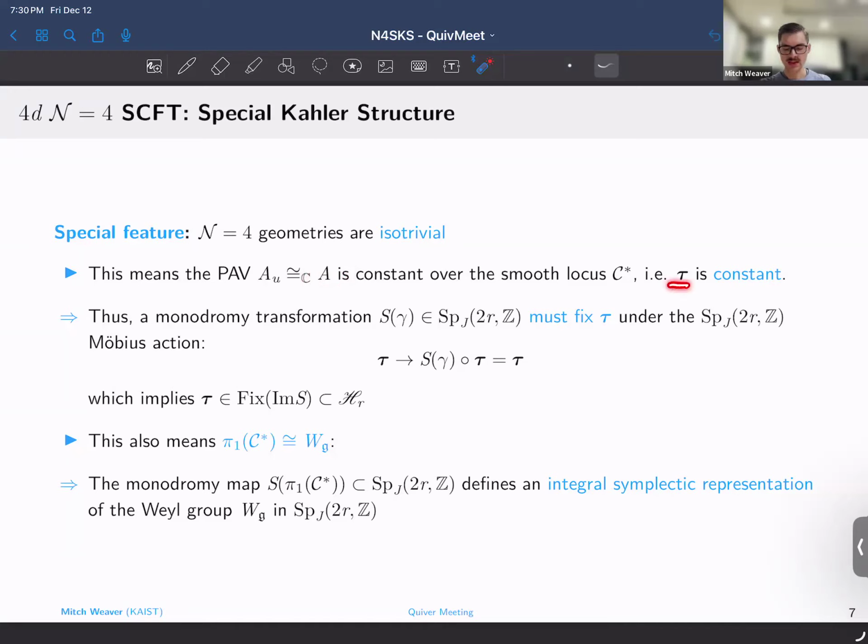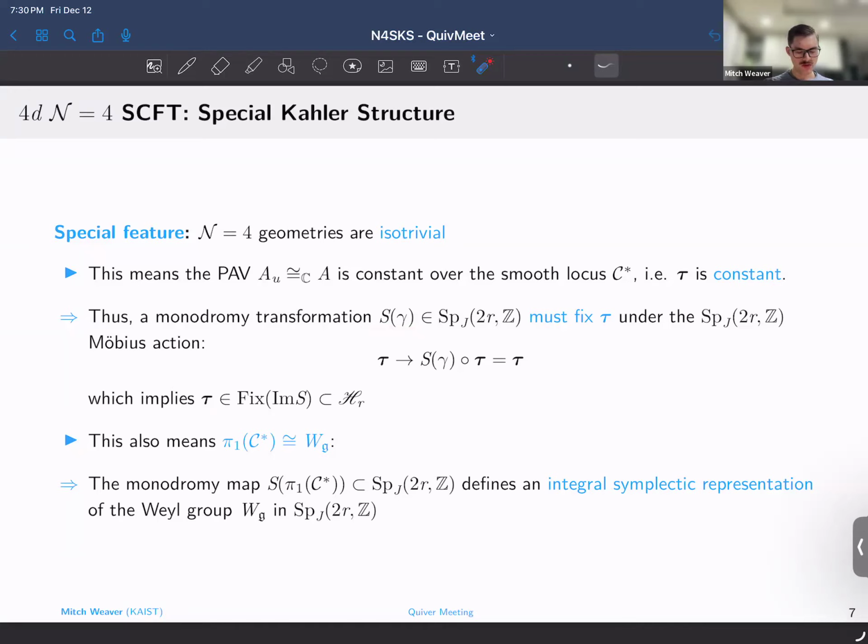So what this implies is that this period matrix, our boldface tau, this matrix of electromagnetic couplings, is constant. So this implies that the monodromy transformation must actually fix the coupling matrix under the Möbius action. And so this immediately tells us that boldface tau is going to be in the fixed point set of the action of the monodromy.